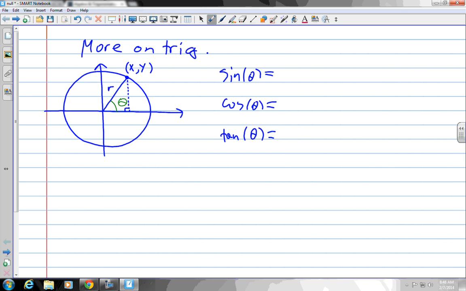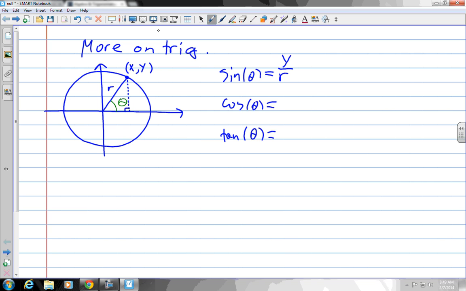Whatever the y coordinate is, right? The height of that point is given by the y value. And the hypotenuse is the radius of that circle. So sine theta is y over r. On the unit circle, when r equals 1, sine theta is just y.